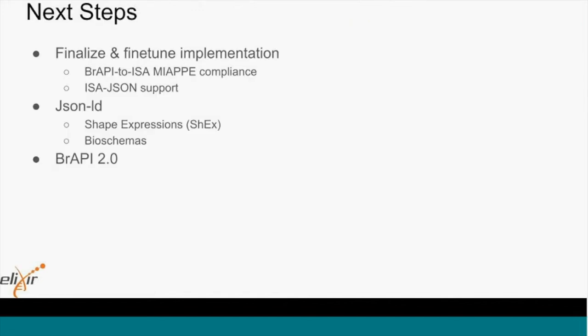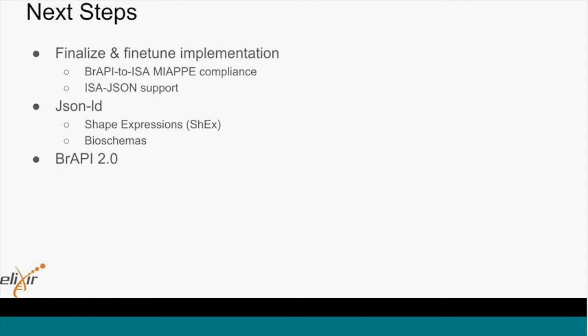The next steps in this project are to finalize and fine-tune the implementation. We are almost there. We are making the final adjustments to make sure that the BrAPI to ISA is MIAPPE compliant. And we are now also looking into getting the ISA JSON support so we can tap into all the work done in, for example, human cell line class around this JSON validator.